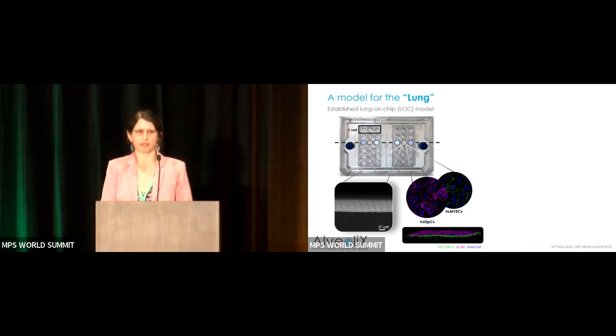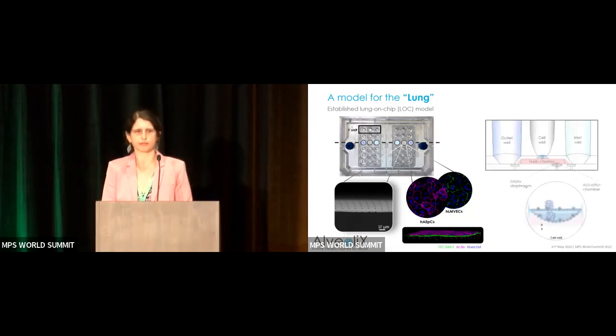So you get a very thin co-culture model. In addition, they incorporated stretch into the system. By adding a microdiaphragm into their plate system, they can move the membrane and mimic the in vivo-like breathing motion.